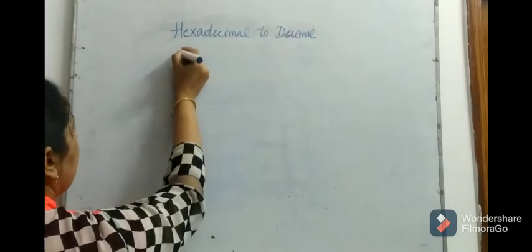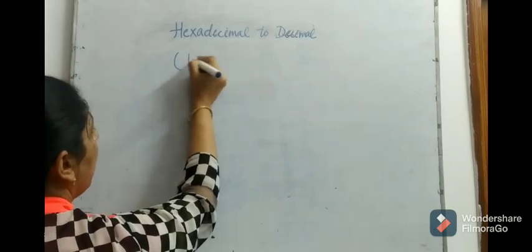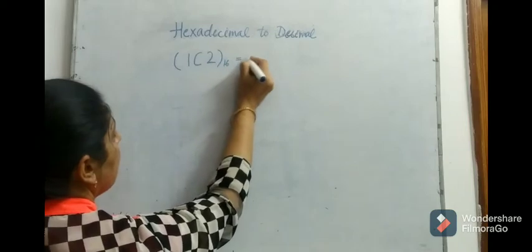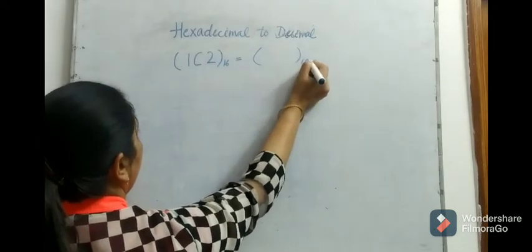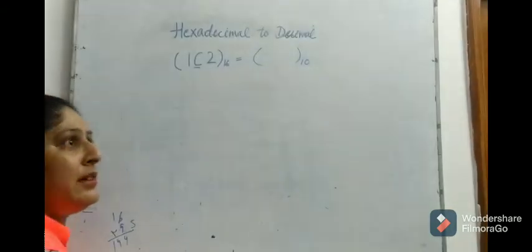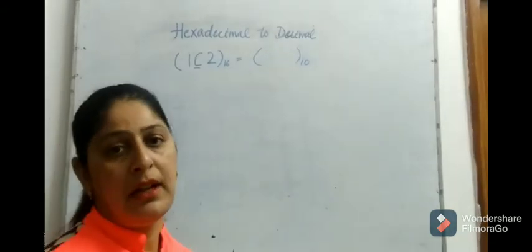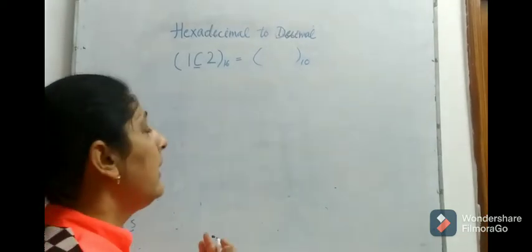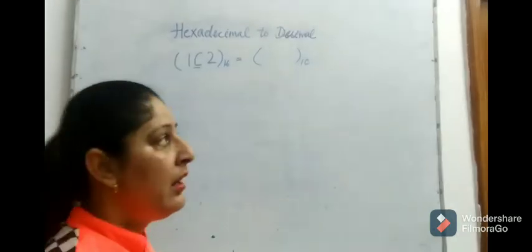So let's take my hexadecimal number as 1C2. This is my hexadecimal number and I need to convert it into a decimal number. Since C is coming, obviously it's a hexadecimal number. No other number system has alphabets in its representations. Right?